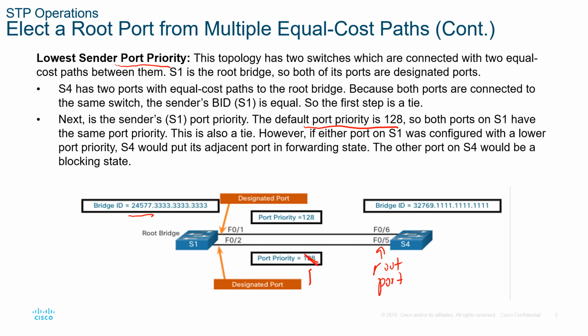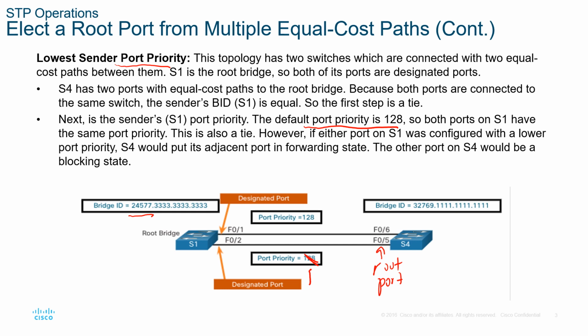When you set the port priority of F02 on S1 to 1, F05 will automatically become the root port. So you have to remember it is the lowest sender port priority. The change needs to be done on the sender port, not on the non-root bridge port.